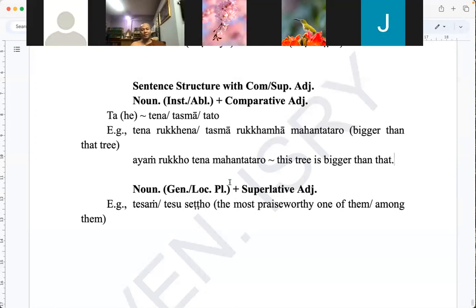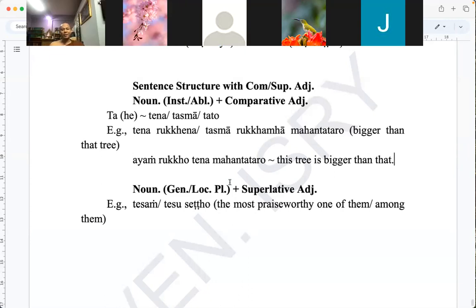Bante, regarding this superlative for the word 'old', I found in the dictionary 'eldest' is stated as jettha-tama instead of jettha-tara. Why is there a difference?